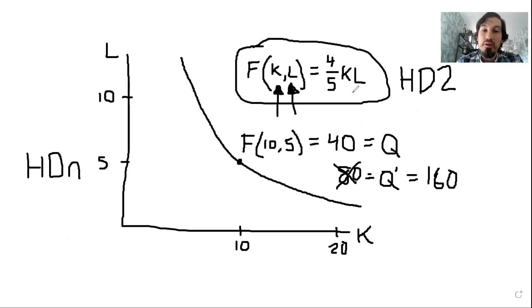So the fact that, here, if I double the inputs to 2K and 2L, it gives me this 2 squared times the quantity.